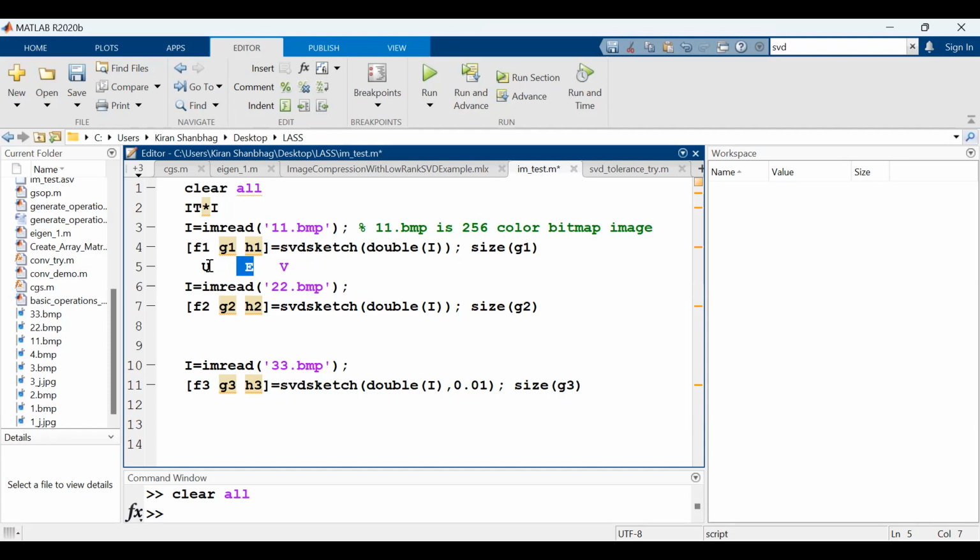So if you take U multiplied by this E multiplied by V transpose, you will get the original image itself. Now shall we go ahead and do this?